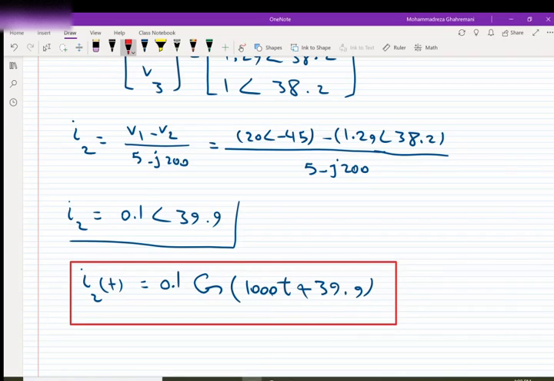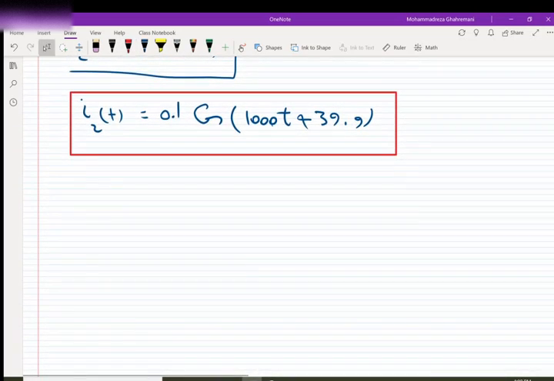Okay, let's move on to the next example, which is another circuit with more elements.